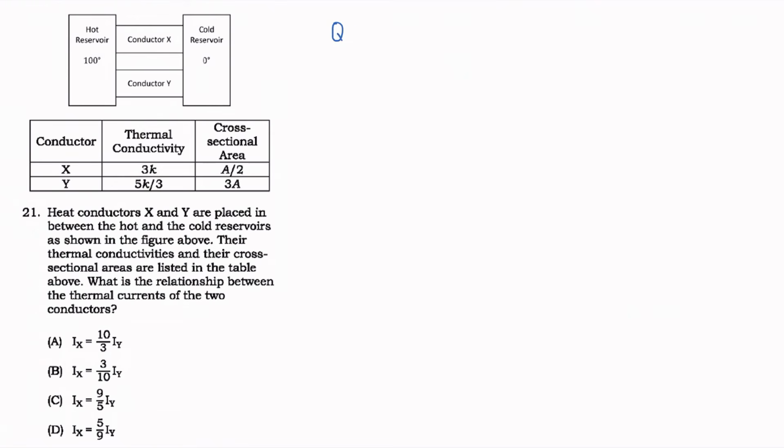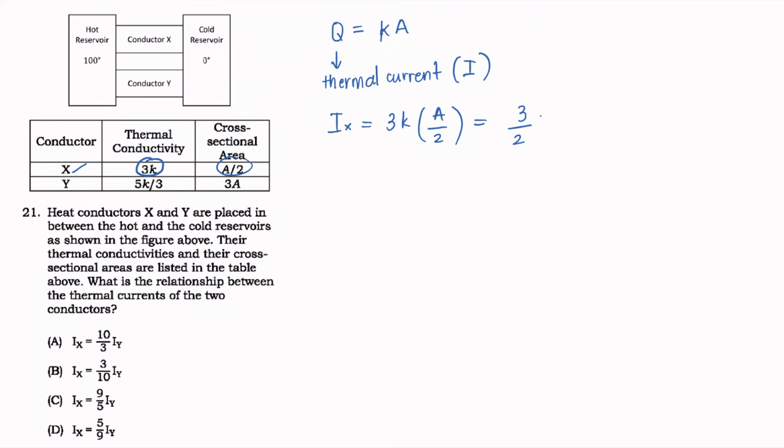Yung thermal current is equal to K times area, or yung thermal conductivity times yung area. So, kukunin lang natin yung... So, ito, yan yung magiging thermal current, which is yung I. So, isa-substitute lang natin. Yung I sub X sa conductor X is 3K times A over 2. 3K times A over 2 equals 3/2 KA.